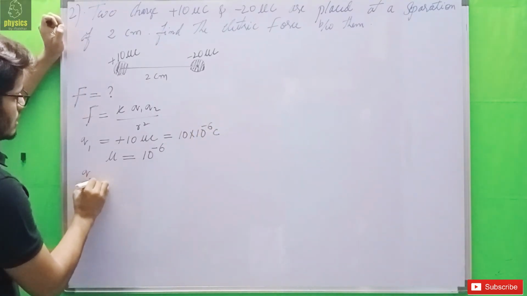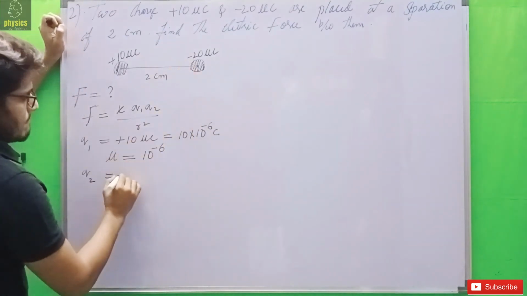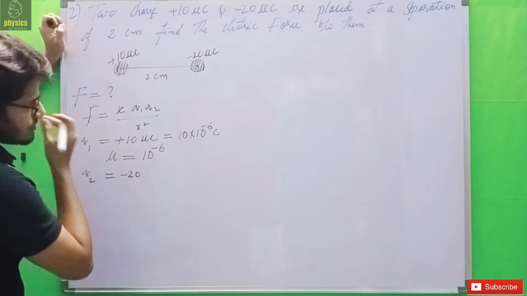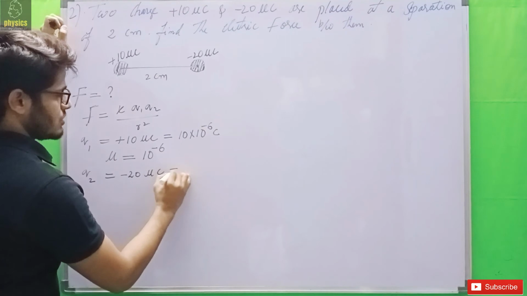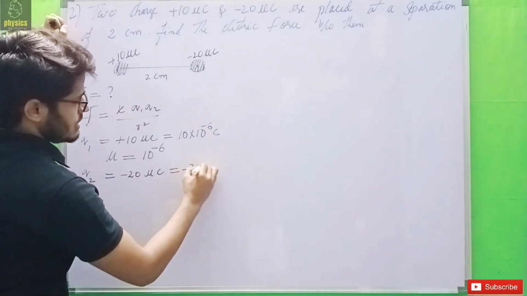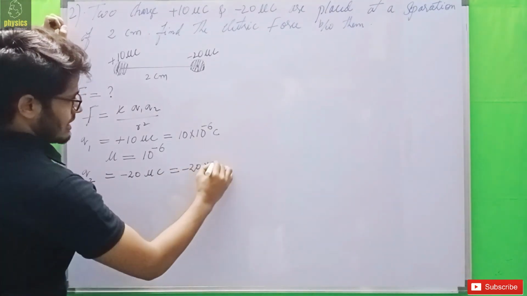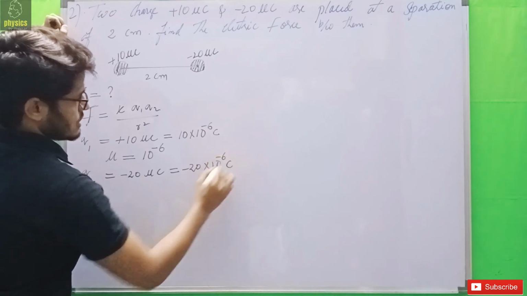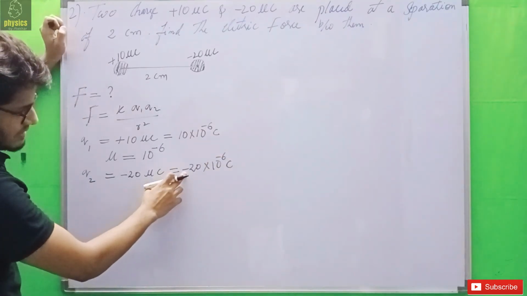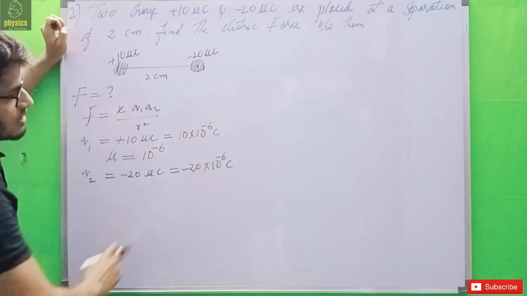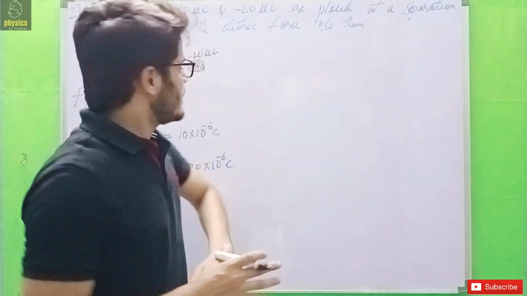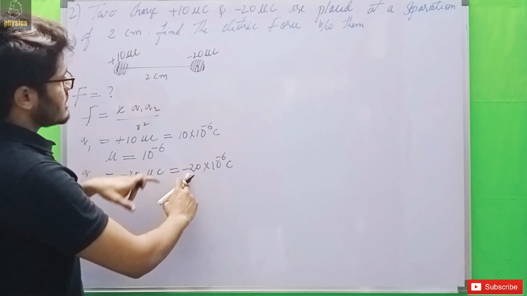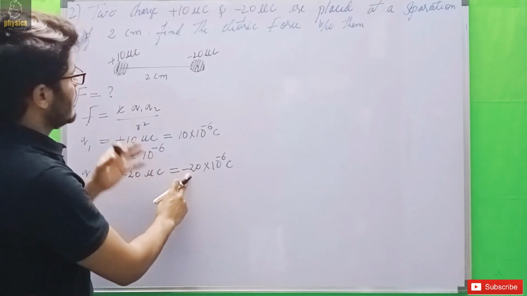Now Q2 will be minus 20 microcoulomb, so it will be minus 20 into 10 power minus 6. Forget about this minus sign. This minus sign will just tell you the direction of the force. If we neglect the minus here, it is not a big deal.